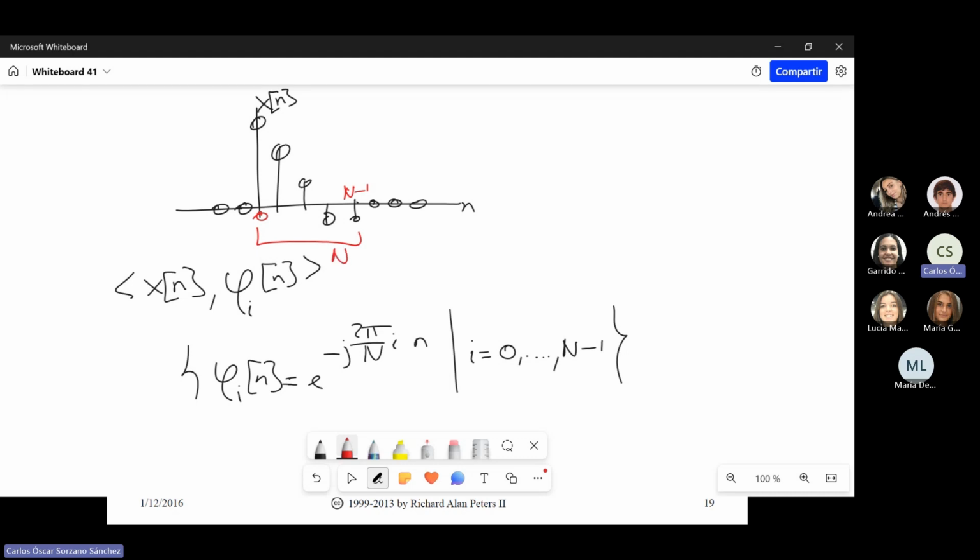And then our frequencies, we also need N frequencies. So here we also have N coefficients. So we will have one coefficient for each one of these complex exponentials, and we have N of them. So if your input signal has N samples, your Fourier transform also has N samples. But now they are complex.